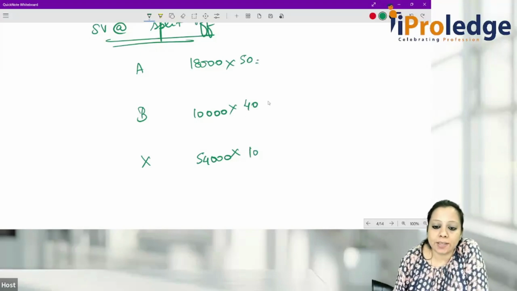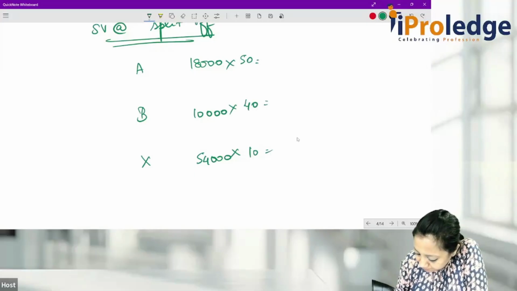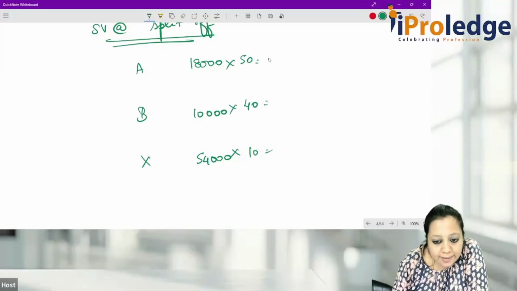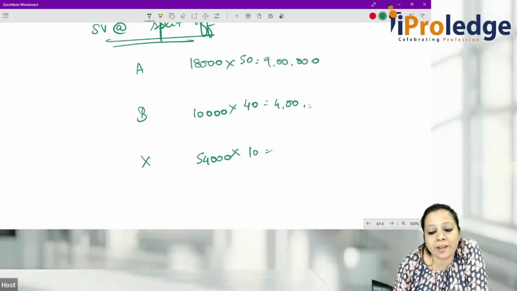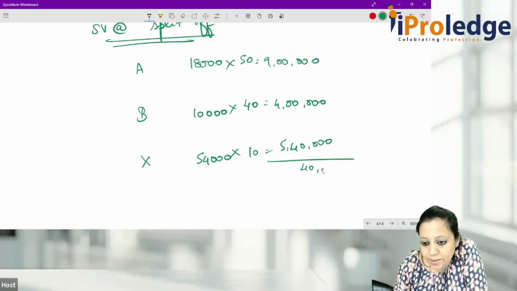Okay. So what is the total now? 18,000 into 50. 9 lakhs. Next one is 4 lakhs and 5 lakh 40,000. So now this will be 18 lakh 40,000.